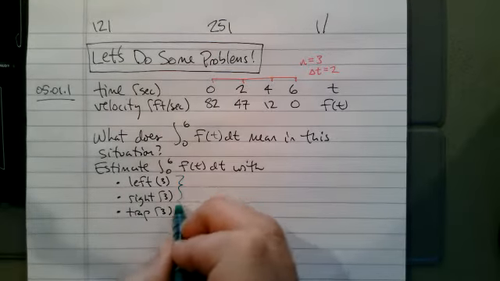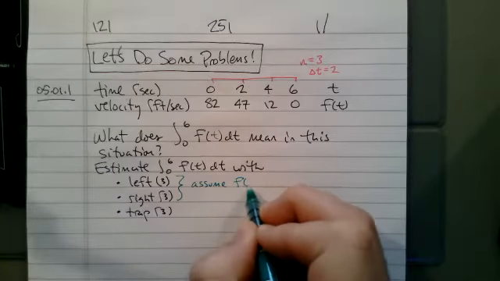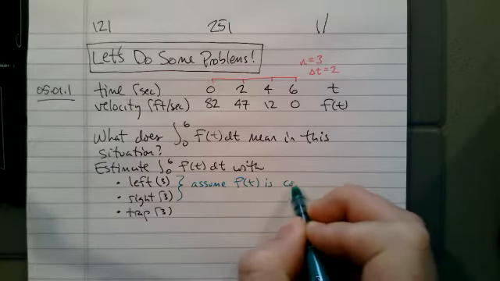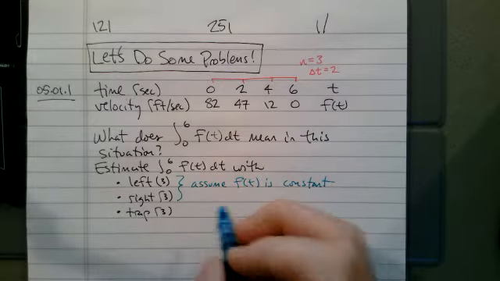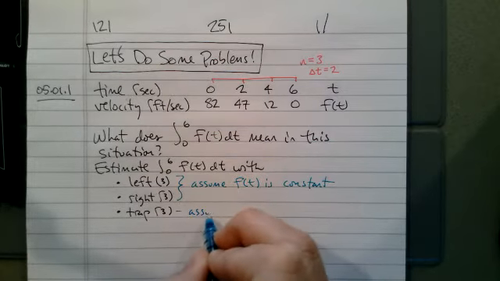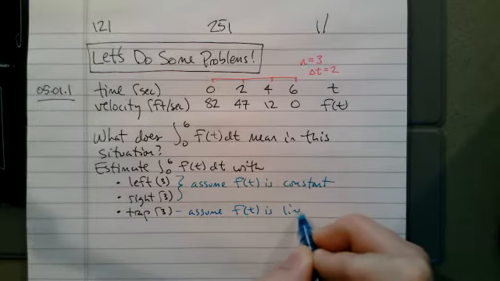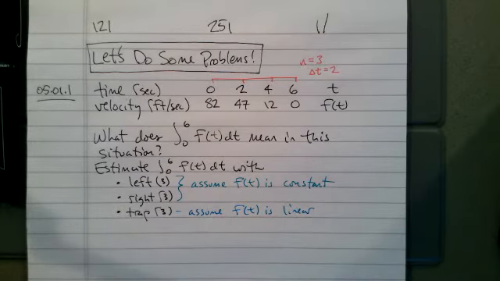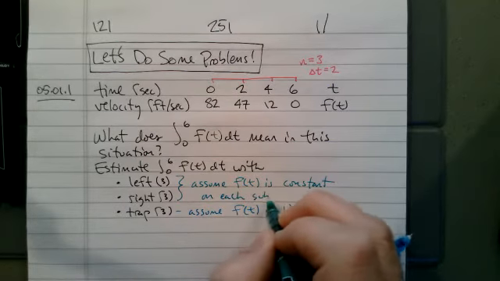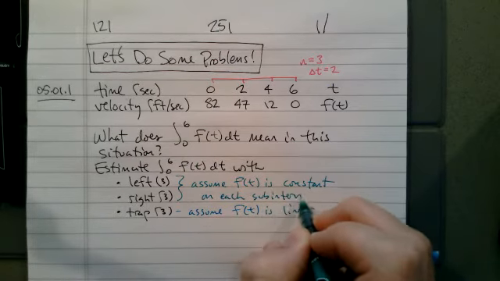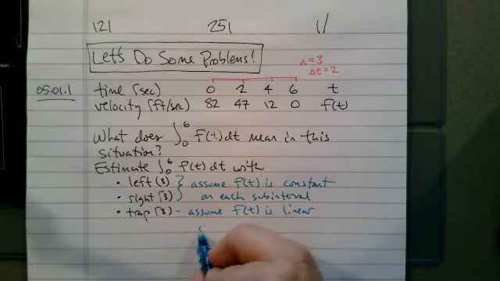In left and right, we are assuming that f of t is constant. And in the trapezoidal rule, we assume that f of t is linear on each subinterval.